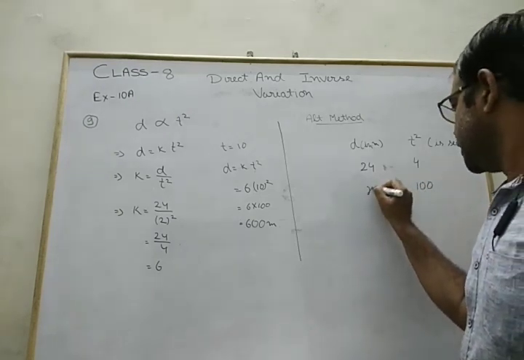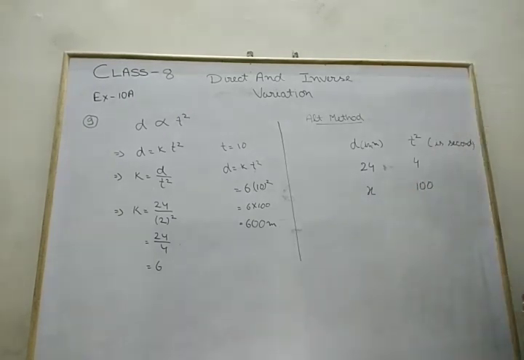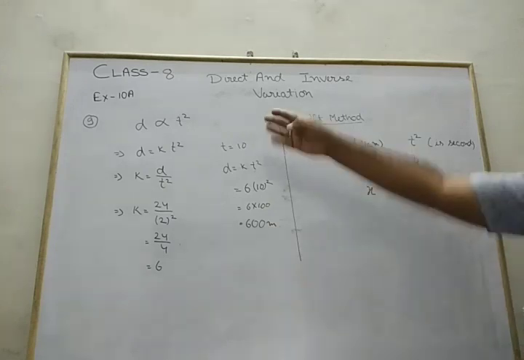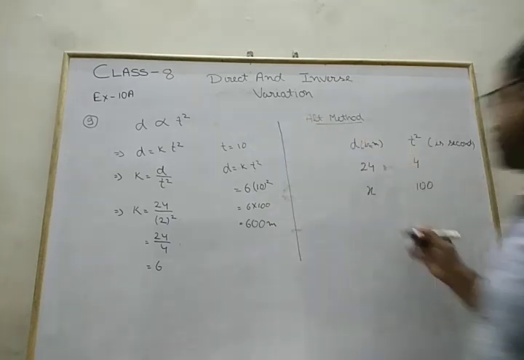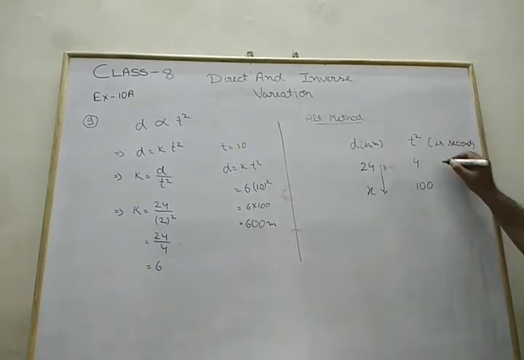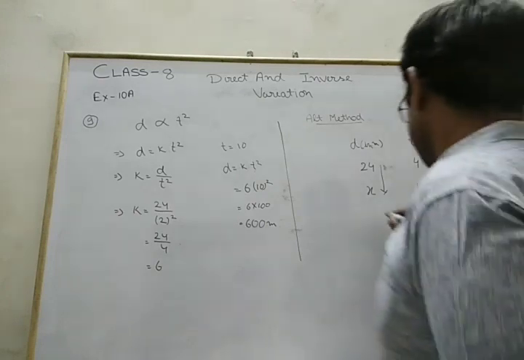Write down distance as x. Only this much care we pay. Then after that we check that it is a direct variation. It already says that it's a direct variation, so first draw the arrows in the same direction, as it's a direct variation. Write down over here.